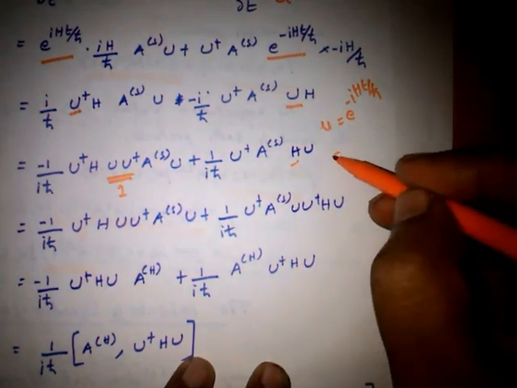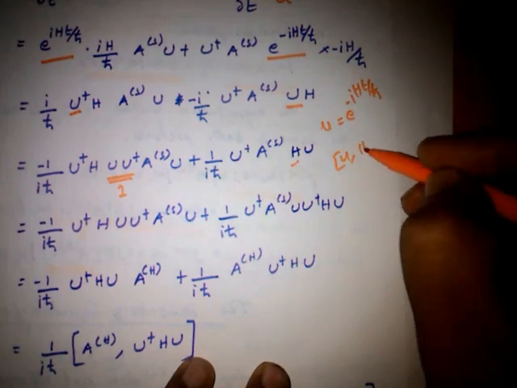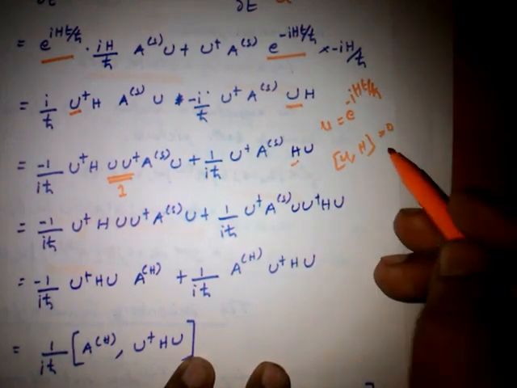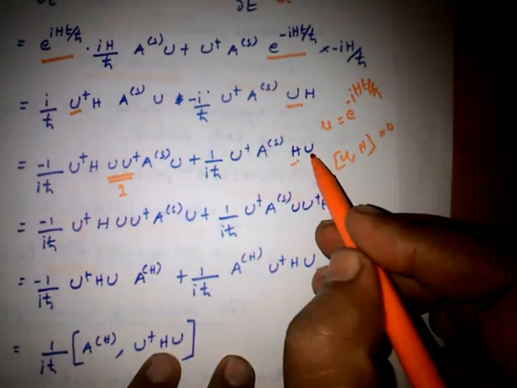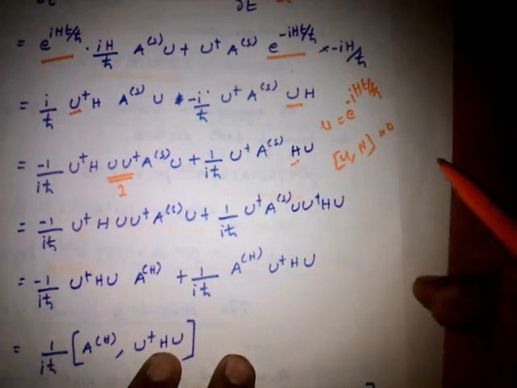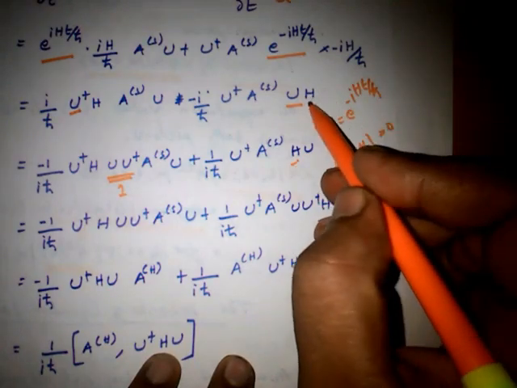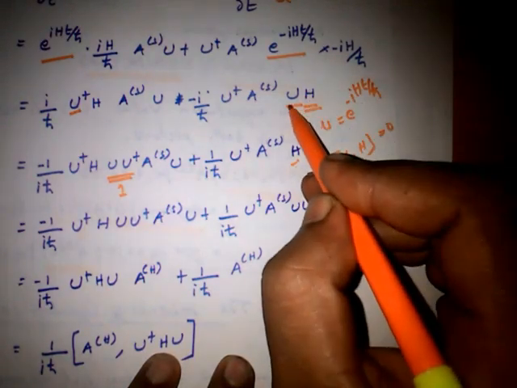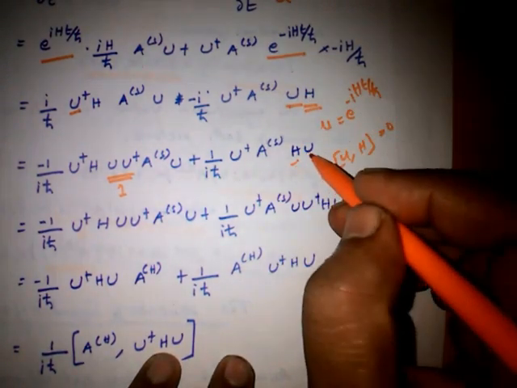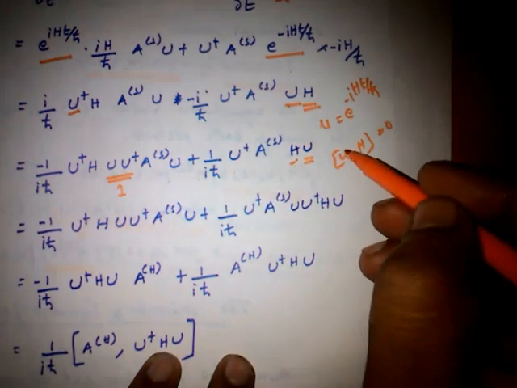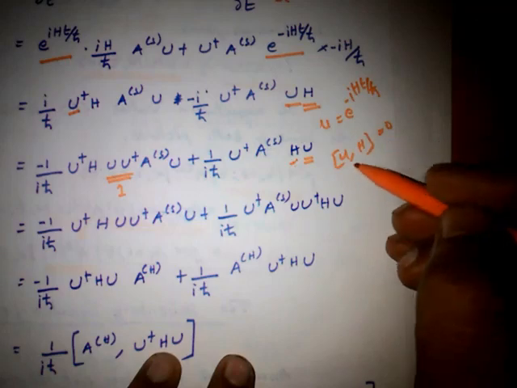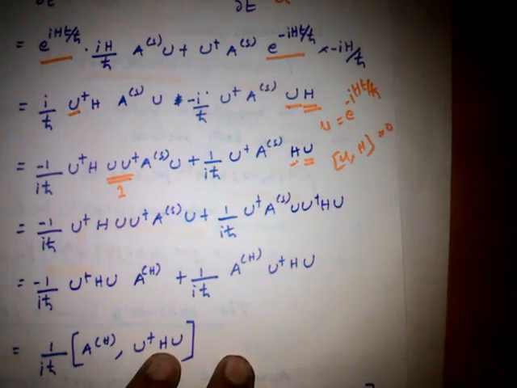Actually U and H commute, so I can write U H in this way. Commute means operating with this one first and then that one is the same as operating the other first. That is the meaning of the commutator of U and H equal to 0.